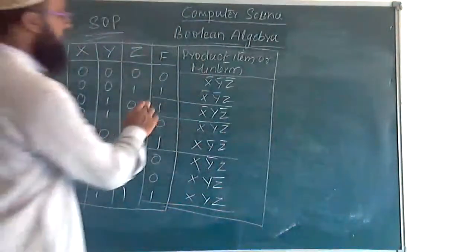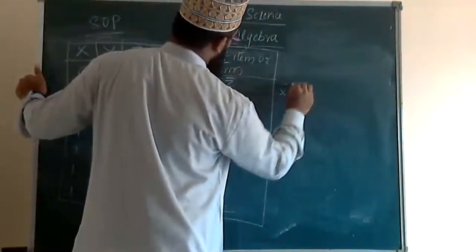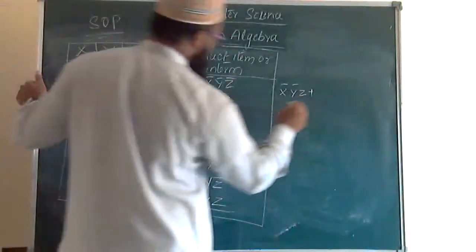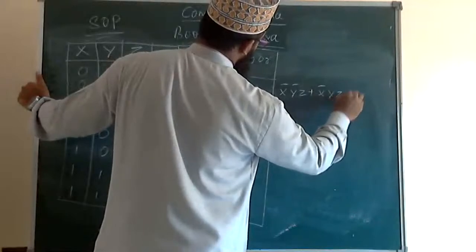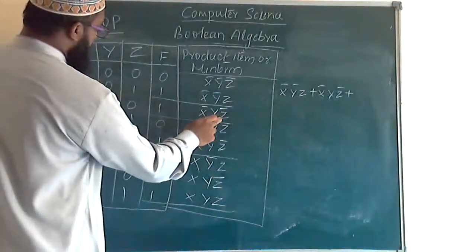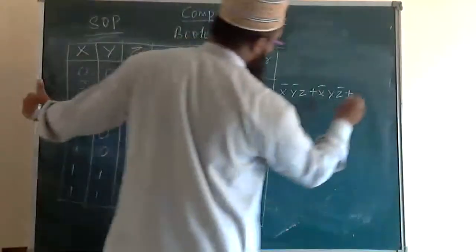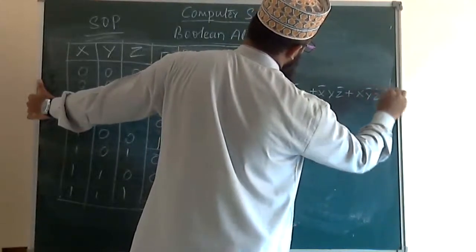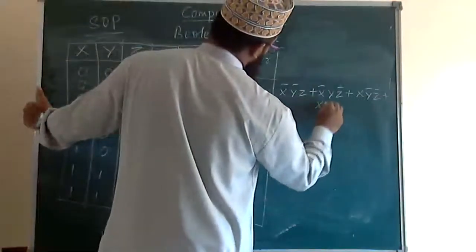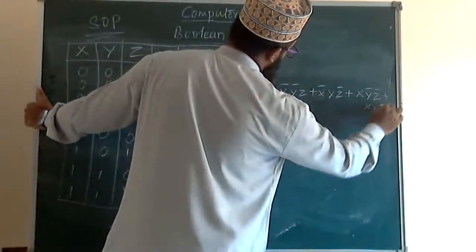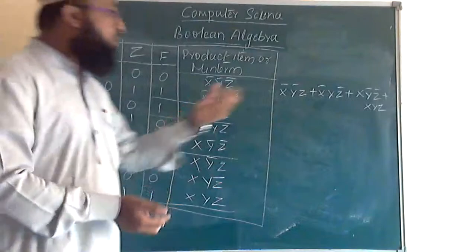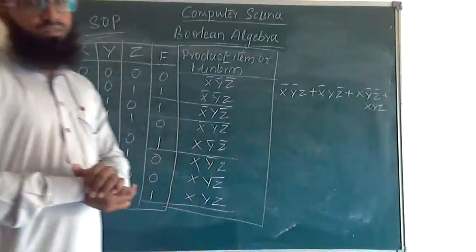So write down these things: x bar, y bar, z plus x bar, y, z bar, plus x, y bar, z bar, plus x, y bar, z, plus x, y, z bar, plus x, y, z. So this can be called the canonical sum of product for three variables.